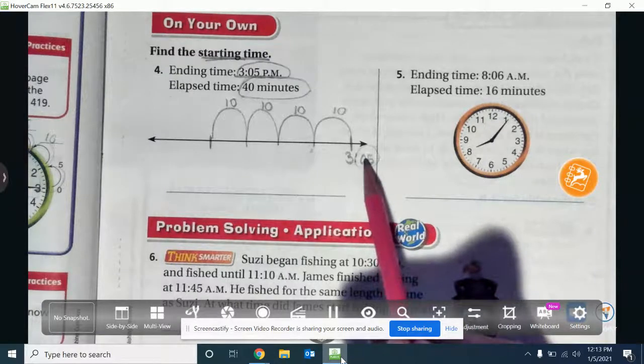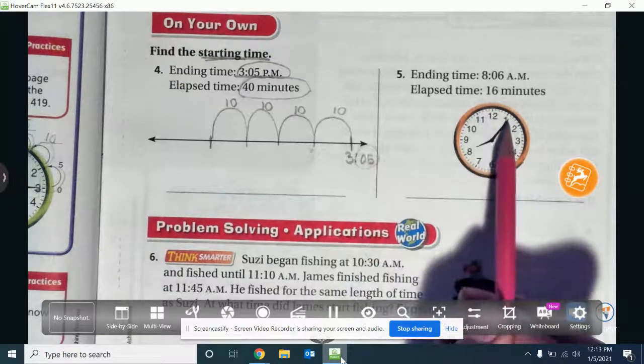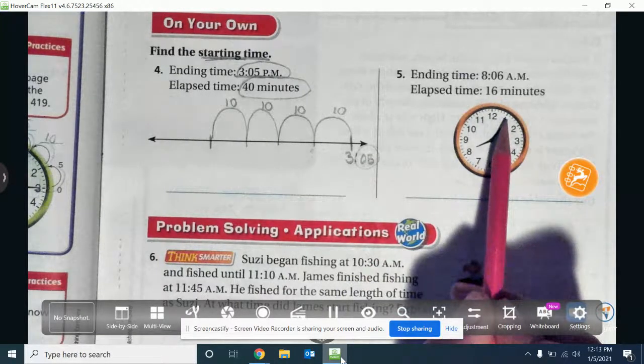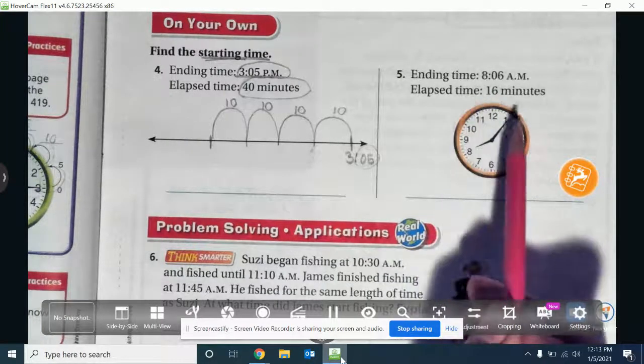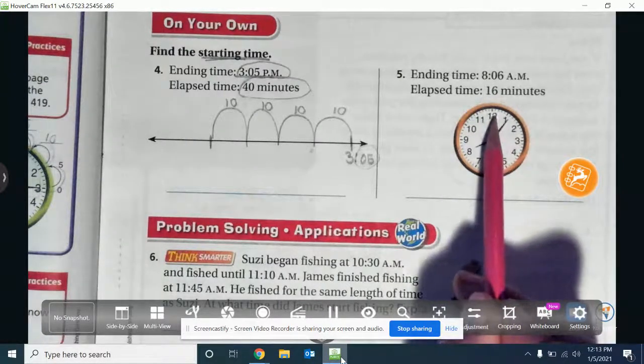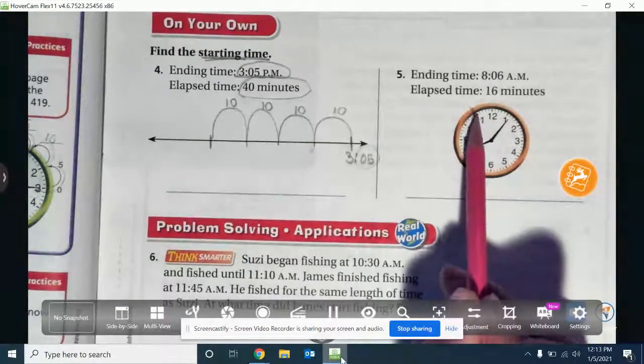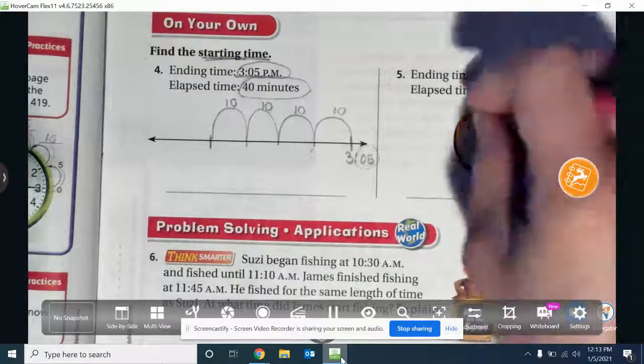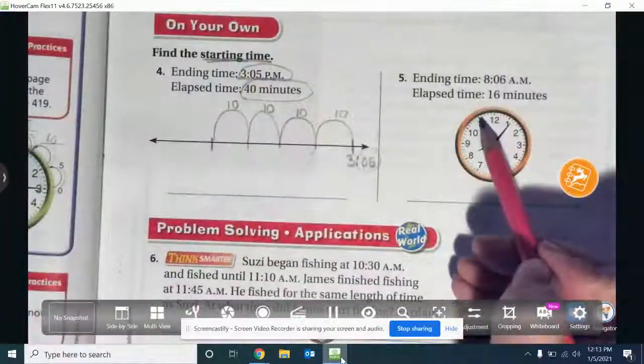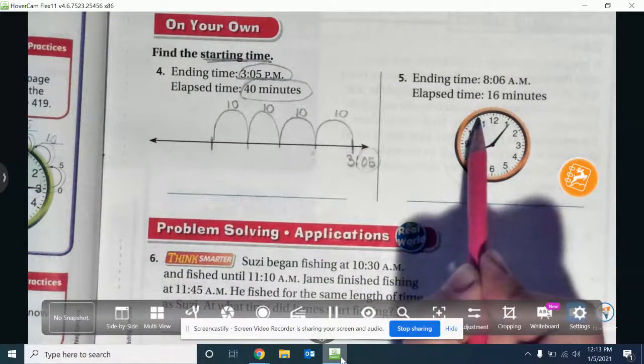So I need to look where the minute 5 is. On the clock, the minute 5 would be at this 1, okay? So if we count backwards 10 minutes, 5, 10, it would be here at the 11. Oops, I didn't do a good job marking it. It would be here at the 11, okay?